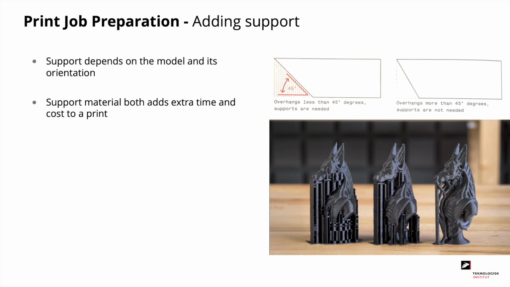Usually the slicer will give you an example of how the support material could look, as we can see down here in the picture, where we see 3 different types of support structure. But you have to be aware that more support material adds time and cost to the print.